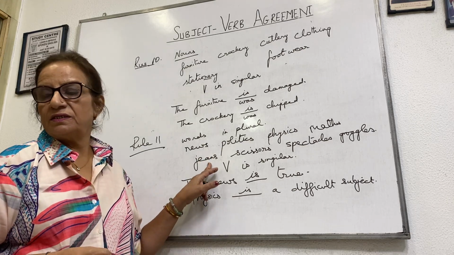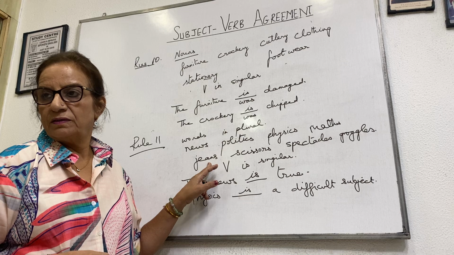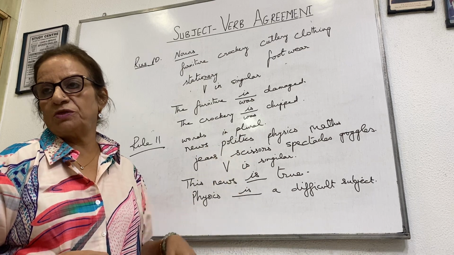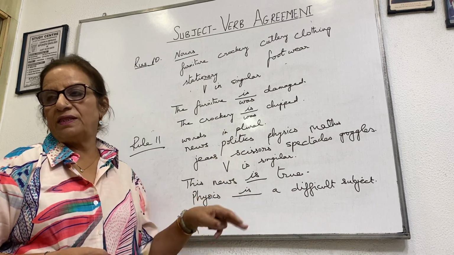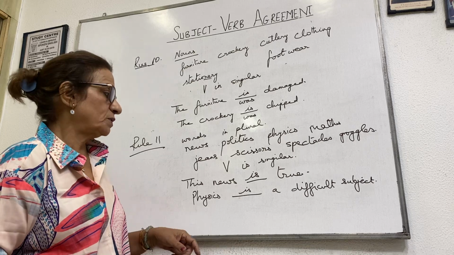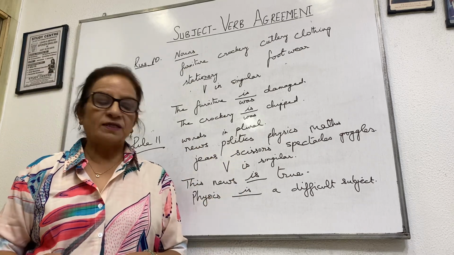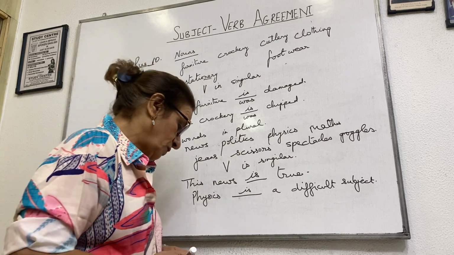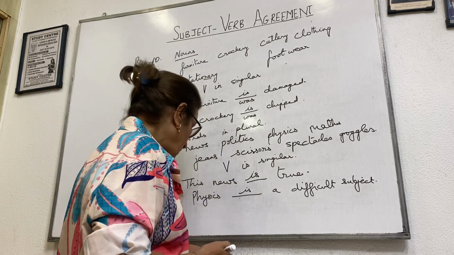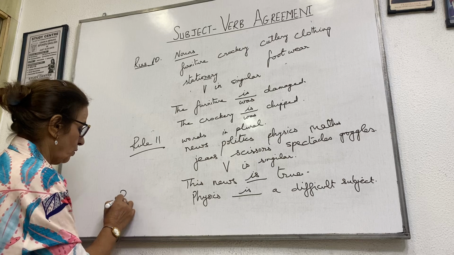My jeans is in the washing machine. Not are in the washing machine. So these plural words always take, the rule says, a singular verb. And this one last one, rule number 12.